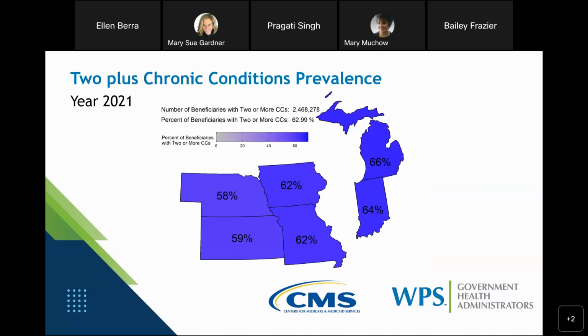So why are we doing this? Well, if you look on this slide up on your screen right now, you can see that we have very high percentages of beneficiaries who have 2 or more chronic conditions. Well, patients who have the more chronic conditions, number one, are eligible for chronic care management itself. And then there are also patients who are going to be needing more care.